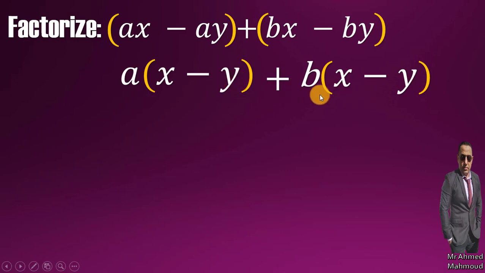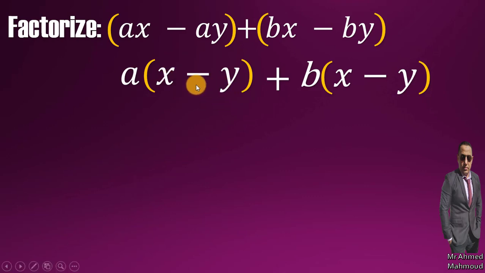By looking carefully at the two cases, a multiplied by x minus y plus b multiplied by x minus y, I see that x minus y is a common factor. If this happened, the first step was a correct choice. If the two brackets are different, you will take another solution or another case, and later inshallah I'm going to explain how we can do this.